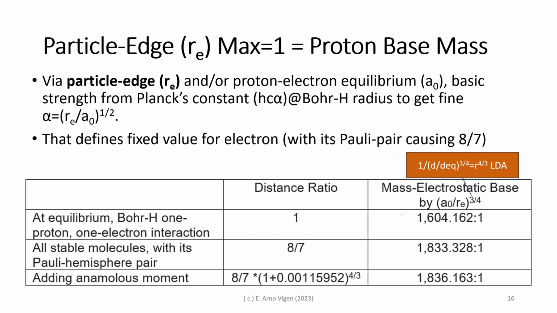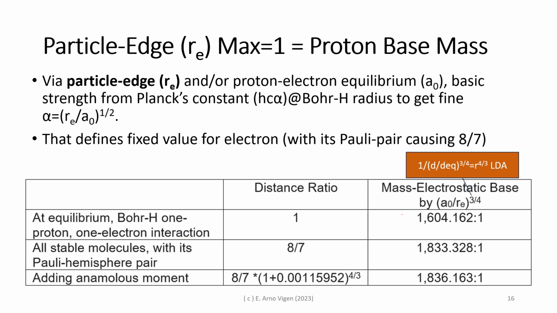Now, because they're coming with Pauli pairs usually, and because the electron is going to have a scaling, it's going to be, say, 2x off for the cube. So it's going to be 1 minus 1 over 2 cubed, which is 1/8, which leaves you 7/8. And of course, you have to apply the inverse of it for the distance out, for equilibrium.